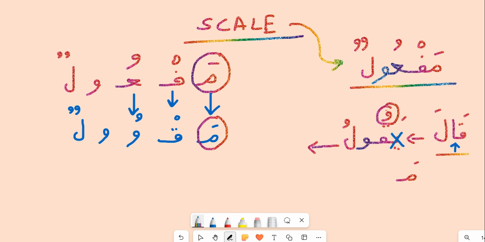Remember I told you to pay attention to the harakas and the letters in the present tense and the original ones. So here qaf is with dhamma. We will remove the sukoon. Qaf comes with dhamma. So you need to pay attention to the present tense.